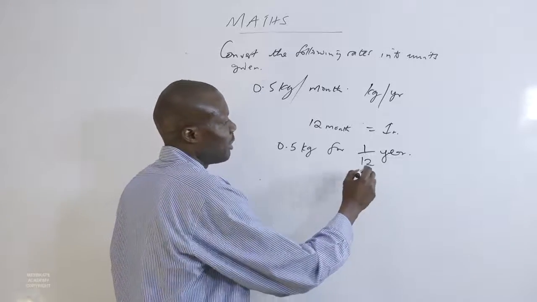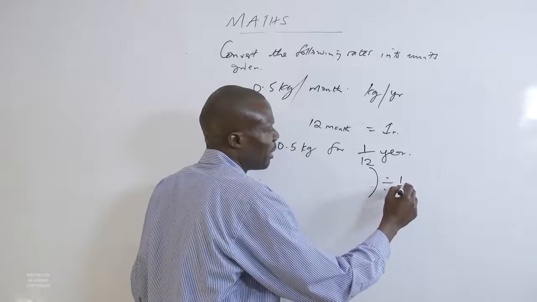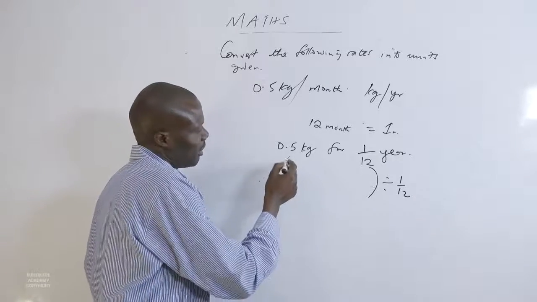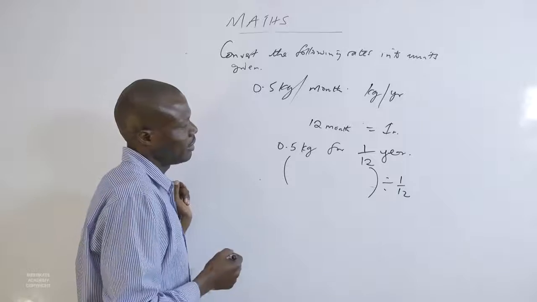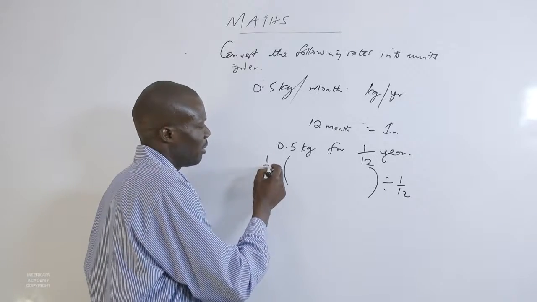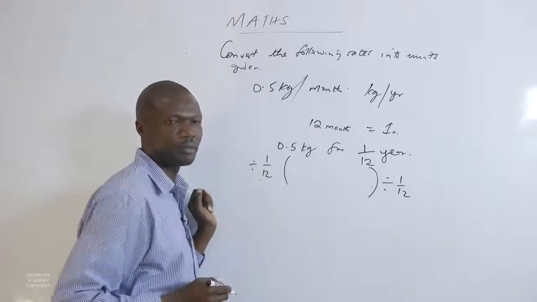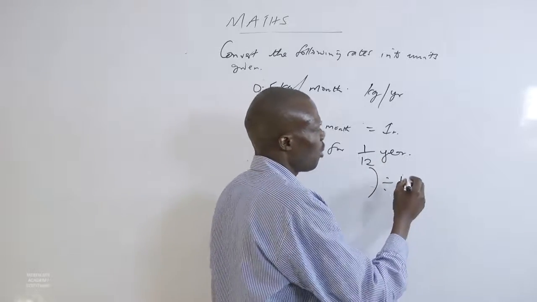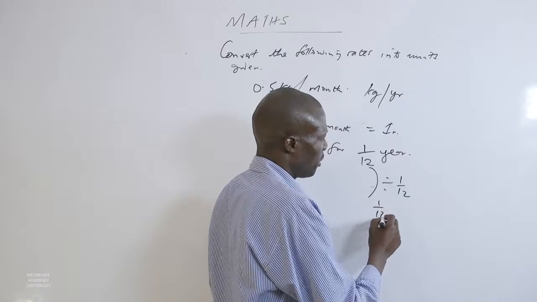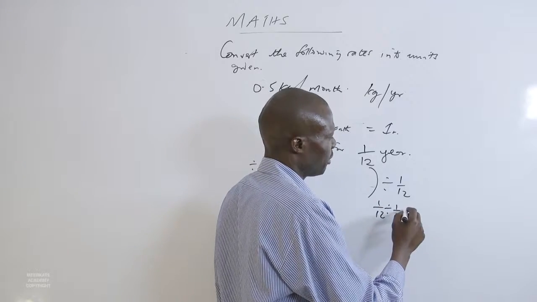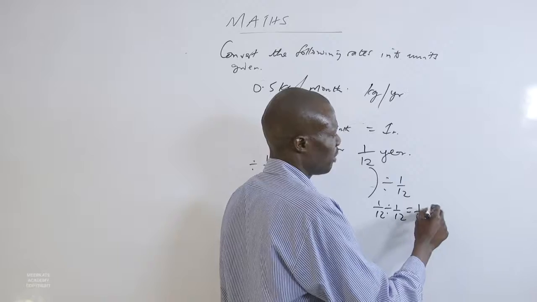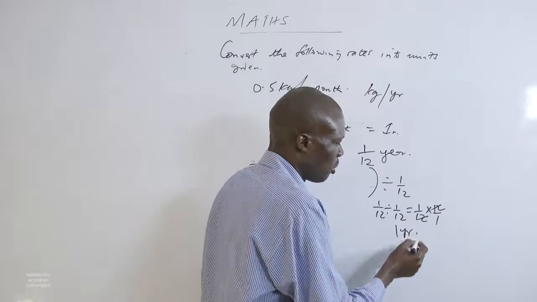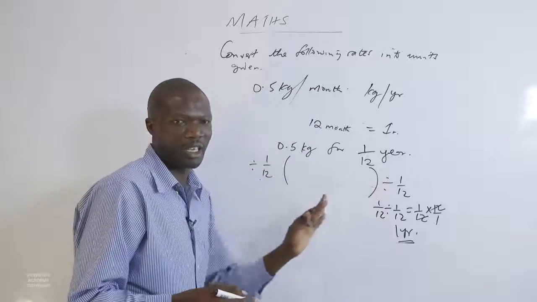We need to divide by 1 over 12 on that side, and come to this side again and divide by 1 over 12. The behavior here is that 1 over 12 divided by 1 over 12 is the same as 1 over 12 times 12 over 1, which is 1 year. So we are having a rate of 1 year on the other side.